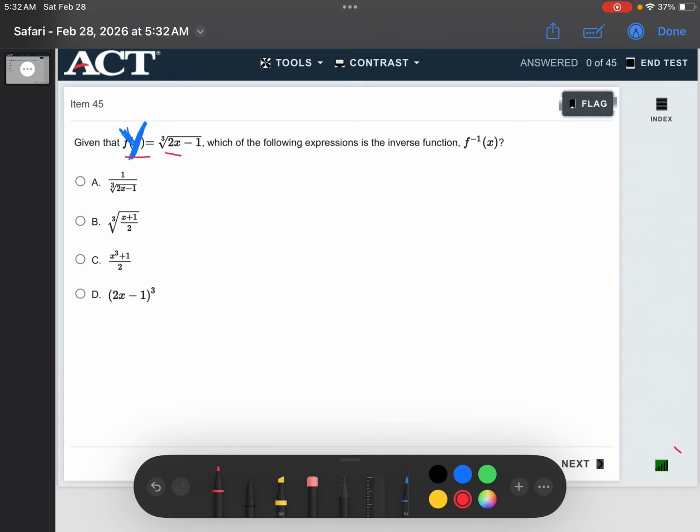I'm going to have x equals the cube root of 2, and now instead of times x, it becomes times y. So I switched the location of those x's and y's, and now to find the inverse, we just solve for y.